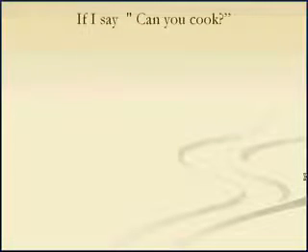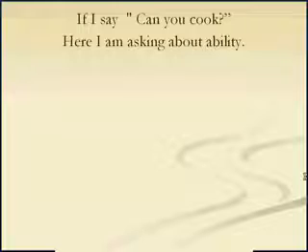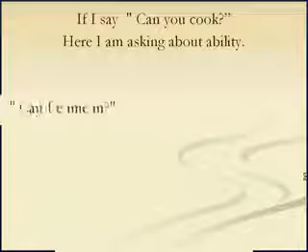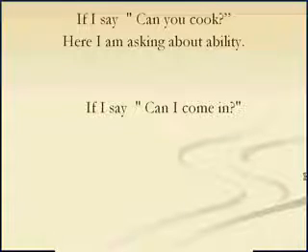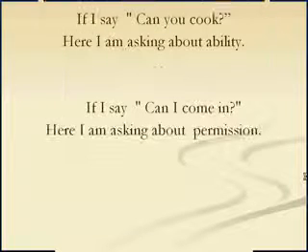Now a very important thing is that can is used for possibilities, abilities or permission, but it depends upon the usage and the situation. For example, if I say can you cook, here I'm asking about an ability. And if I say can I come in, here I'm asking about a permission.